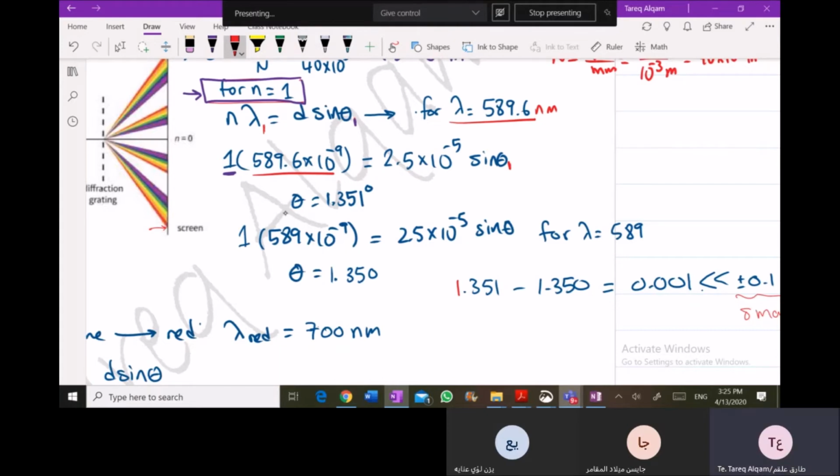I found theta 1, which is 1.351. I did the same thing for the second wavelength and found theta 2.